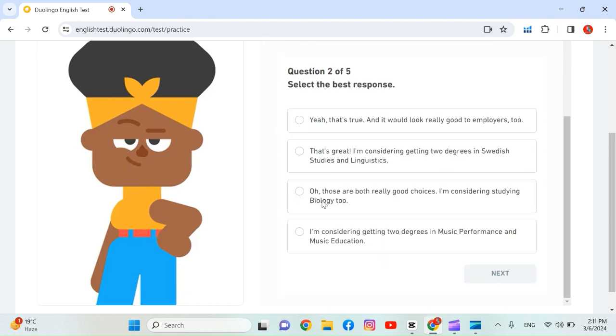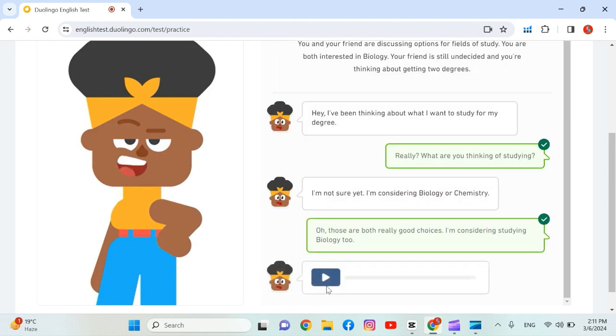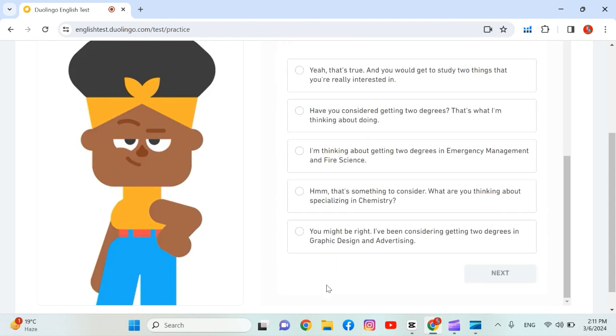Oh, those are both really good choices. I'm considering studying biology too. I'm considering getting two degrees in music performance and music education. That's great. I'm considering getting two degrees in Spanish studies. Yeah, I thought about that, but I'm not sure if I want to do just biology. Oh, really?